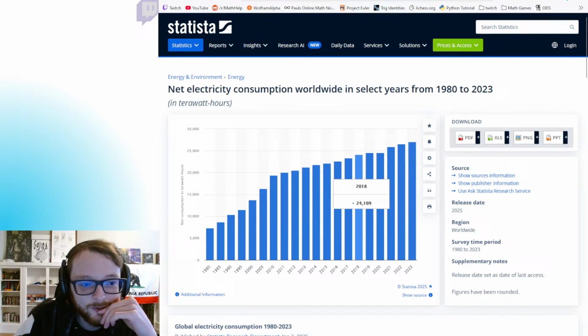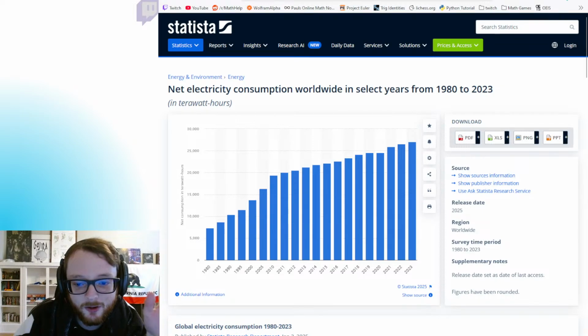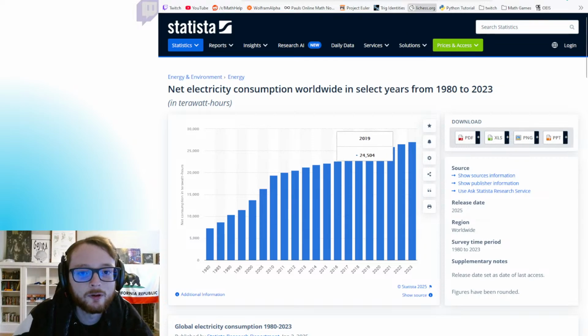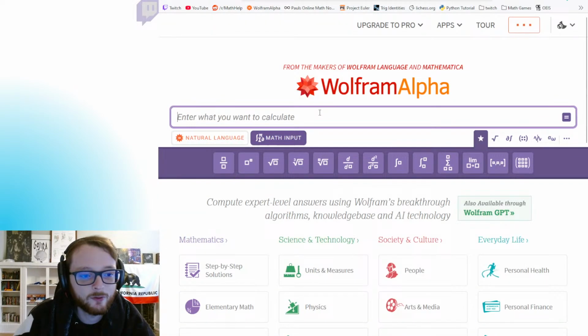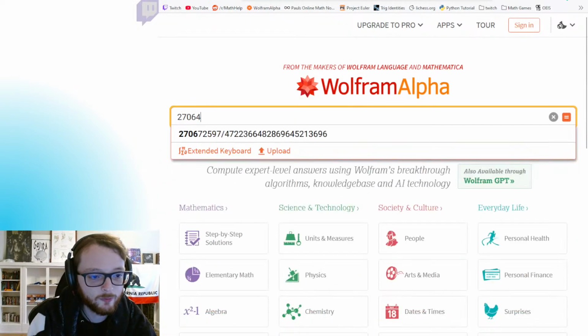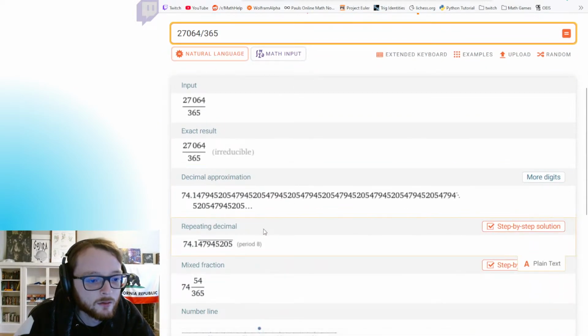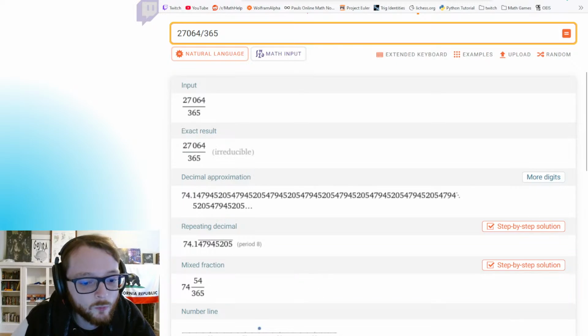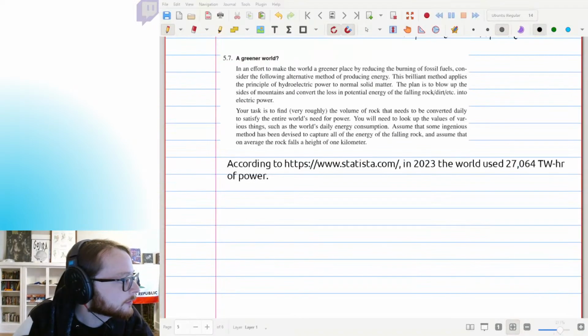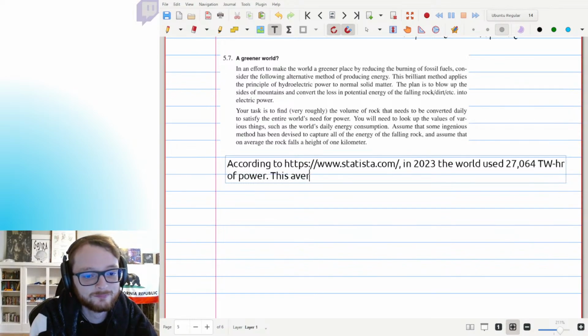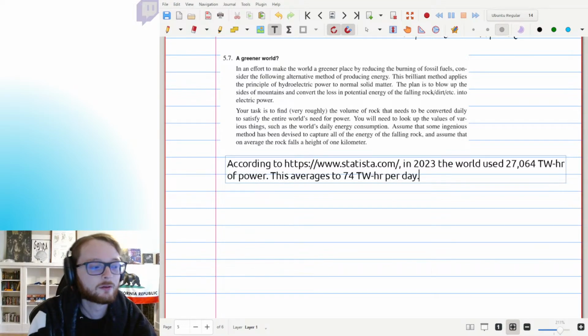Net electricity consumption. Okay, I'm just trying to make sure this is for the entire year, and it does look like it is. So what is 27064 over 365? 27064 divided by 365. 74, we'll call it 74. This is physics. We don't need to be accurate. 74 terawatt hours per day.